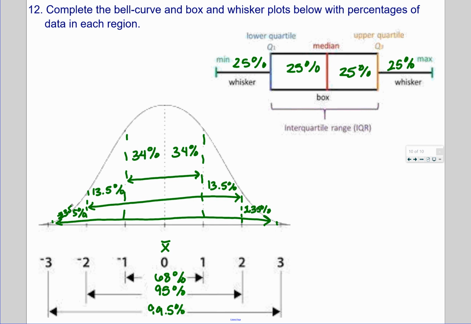So we're talking about a bell curve. If I want to know what percentage to the right here, we don't just want to add up these two little percentages. There's something else beyond the 3 standard deviations. So what you want to do is think I've got 50% here, but I need to take away this 34%. It's everything else. So if I do 50 take away 34, from 1 standard deviation to the right is 16% of my data.